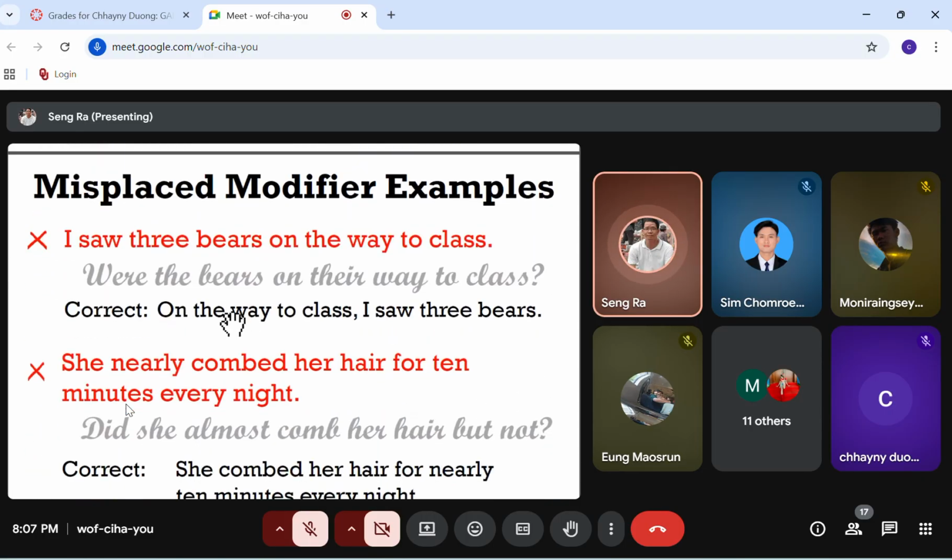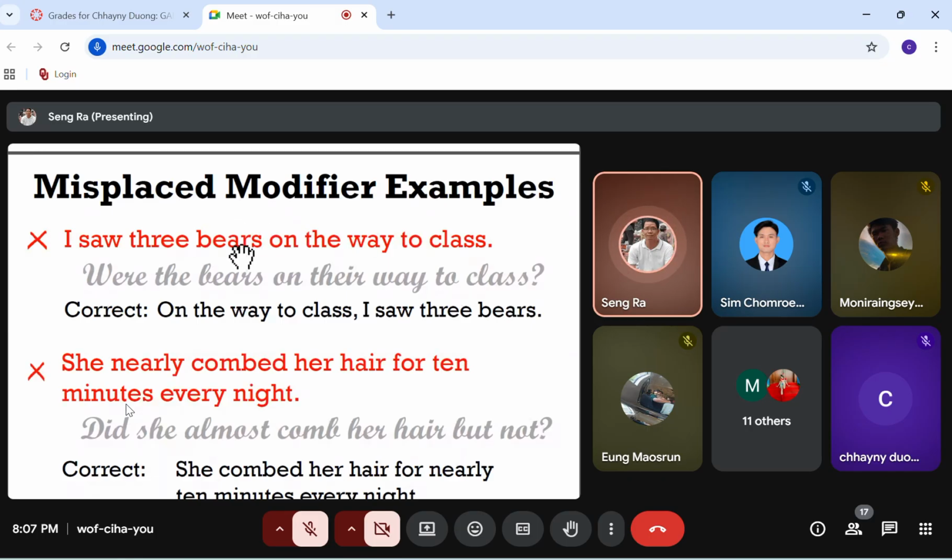We have lots of similar examples here. I saw 3 bears on the way to class. Were the bears on their way to class, or on the way to class did I see 3 bears? If you put on the way to class after the bears, then it modifies bears.